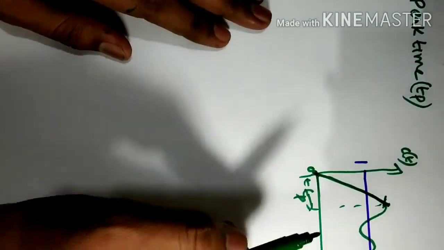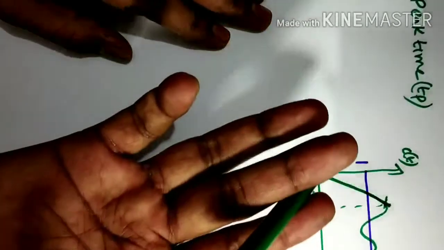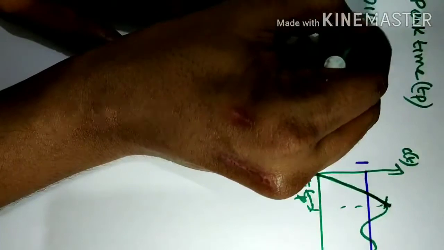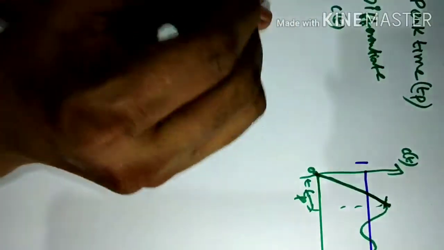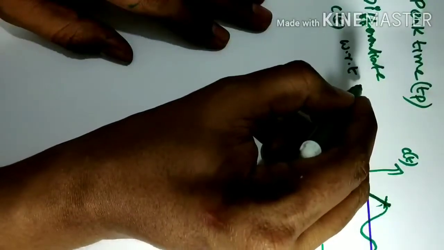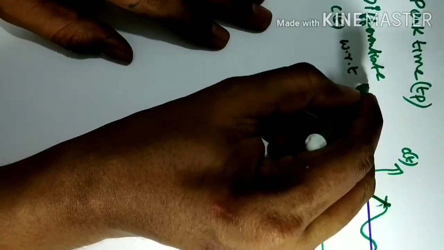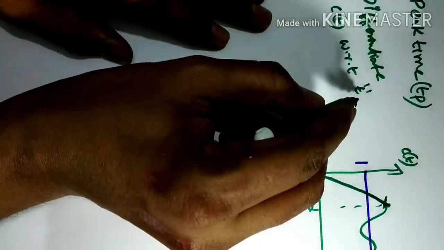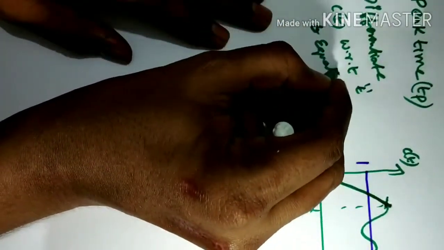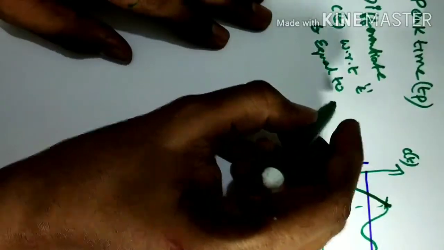How are we going to get the expression? First, differentiate c of t with respect to t and equate it to 0.